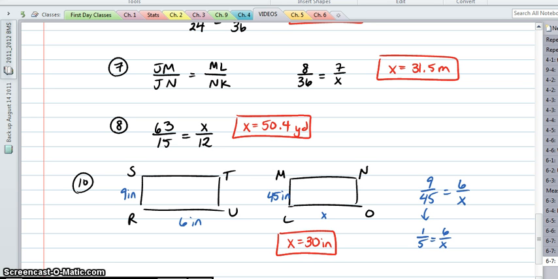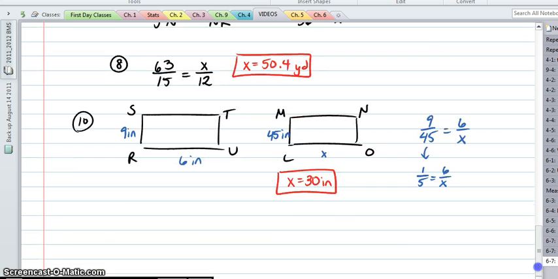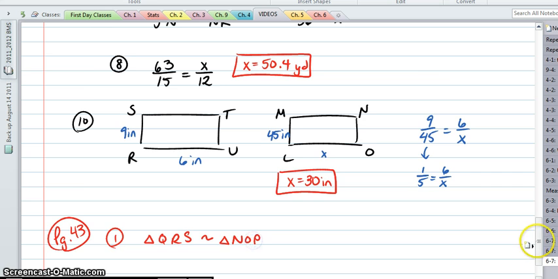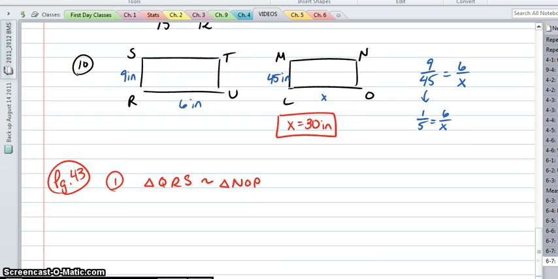Now I'd like you to go ahead and take a look at number 1 on page 43. This is a cool looking diagram. Okay, and it's based on the art club. So the art club is painting the mural shown at the right on a wall. Triangle QRS is similar to triangle NOP. That is really important. Again, when you're trying to figure out which number corresponds with which number, you want to keep the letters straight.